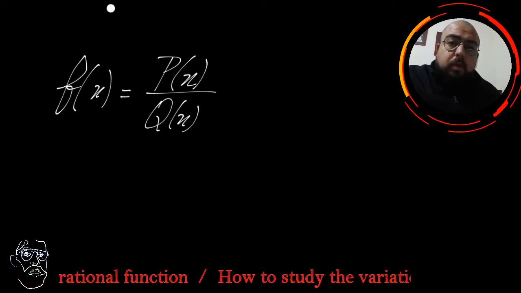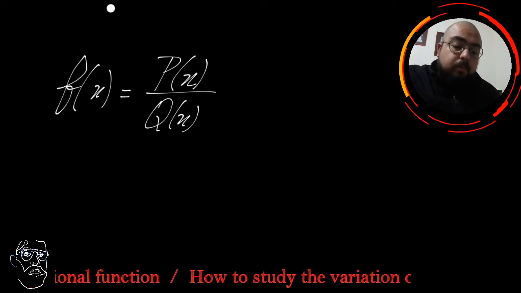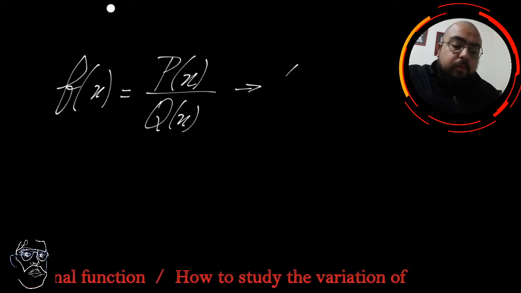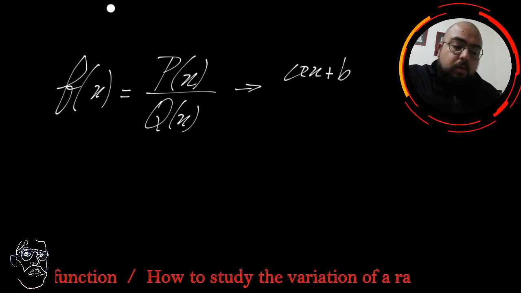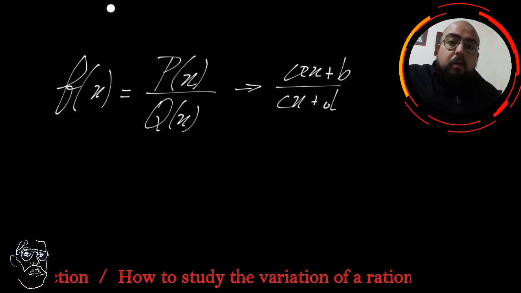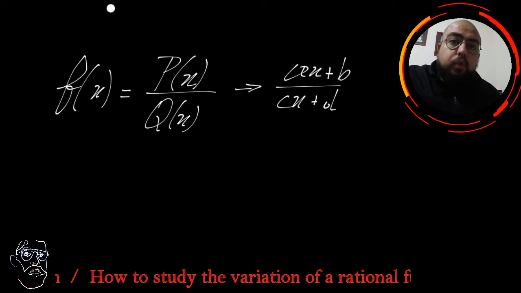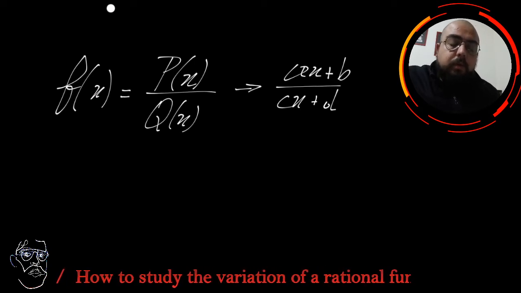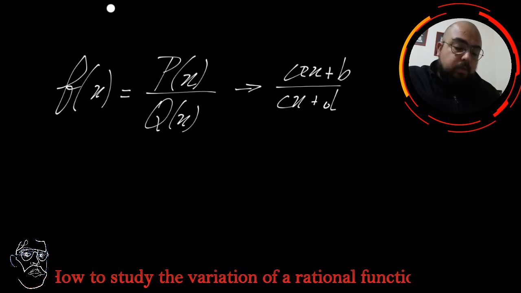Previously we were talking about a rational function in the form of ax plus b over cx plus d. Now we're going to take another example where the numerator is 1 degree higher than the denominator, and of course we're going to discuss the oblique asymptote.